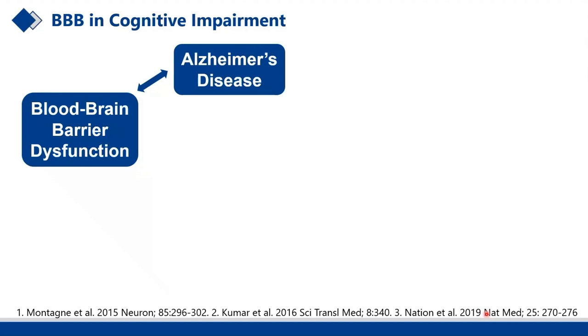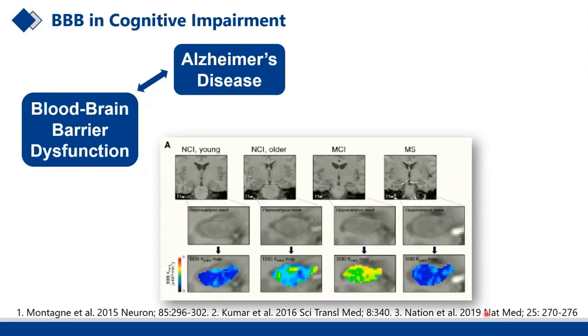Of course, BBB dysfunction has been associated with Alzheimer's disease. For example, it has been seen that there is an early disruption of the BBB in the hippocampal region. But this study was done by a USC group, which recently got some trouble. I don't know if these results are true or not. Yeah, I guess people know about that, right?